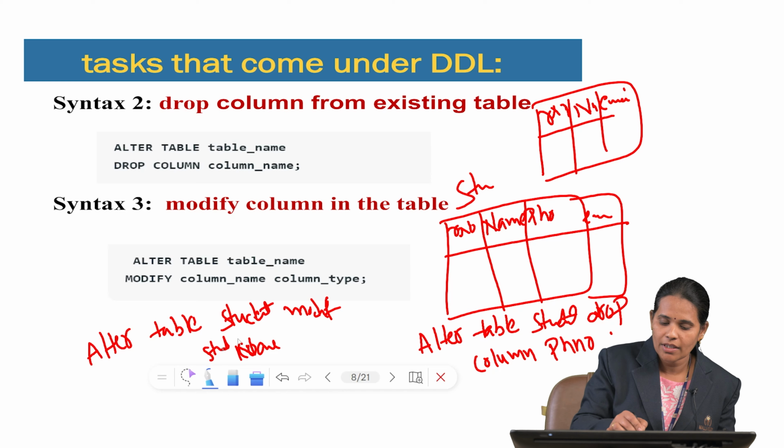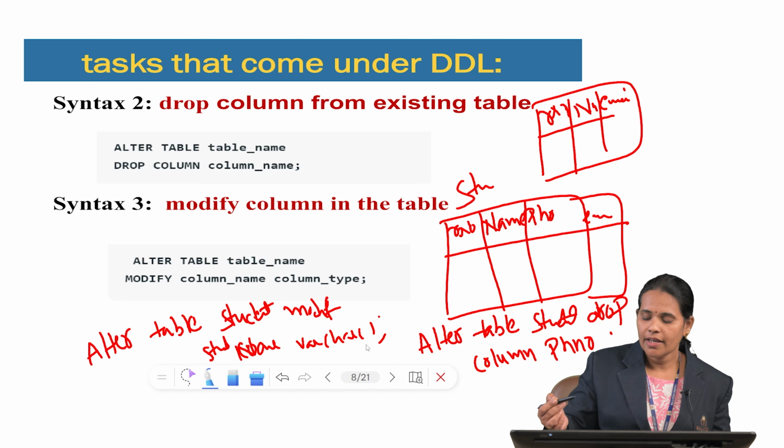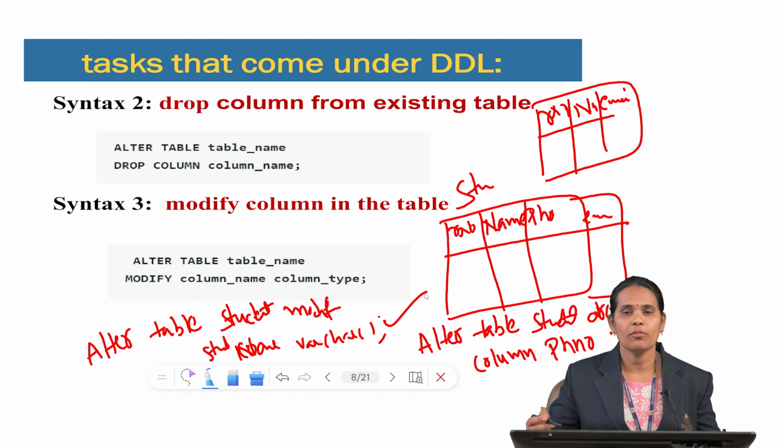Student, here I need to mention name to student name, and column type is varchar. Hence, by using this syntax, we can modify the data in the tables.